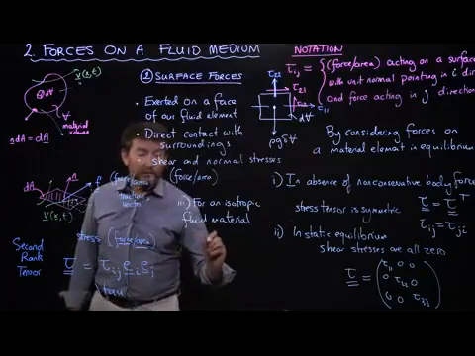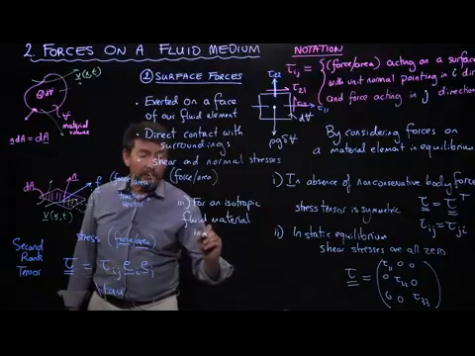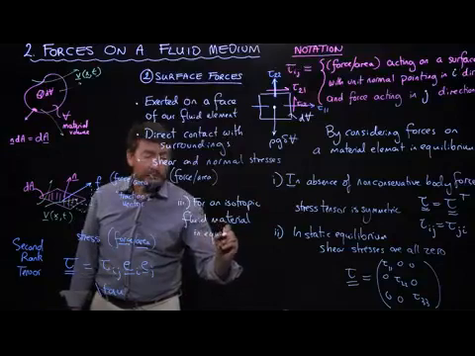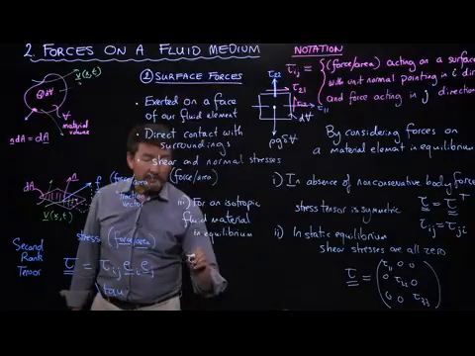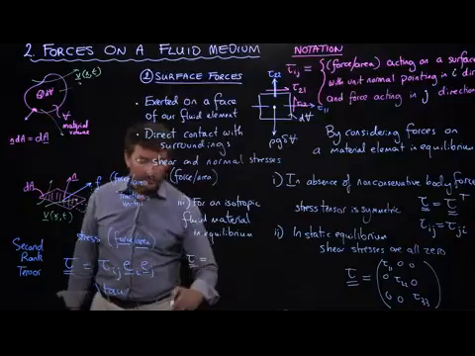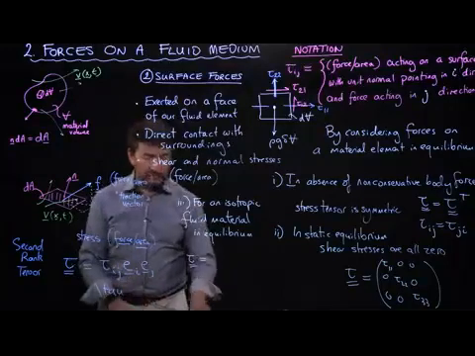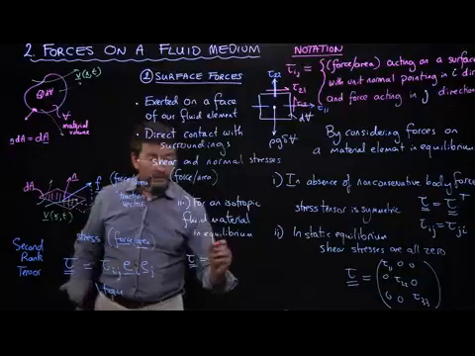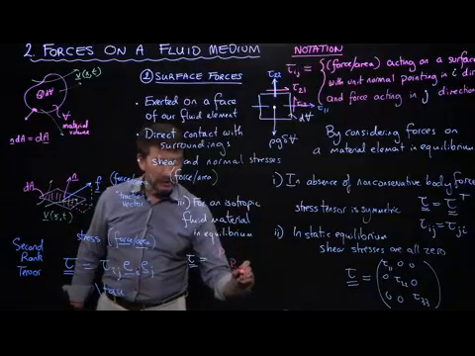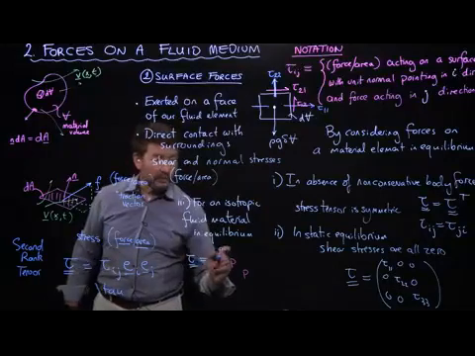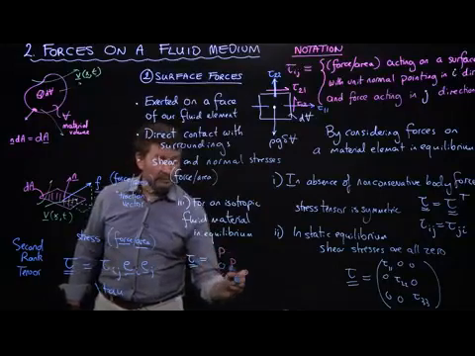And so for an isotropic fluid material in equilibrium, we can write that tau is equal to, and we'll say that we'll get just a value that we'll call pressure along the diagonal, with all other terms 0.